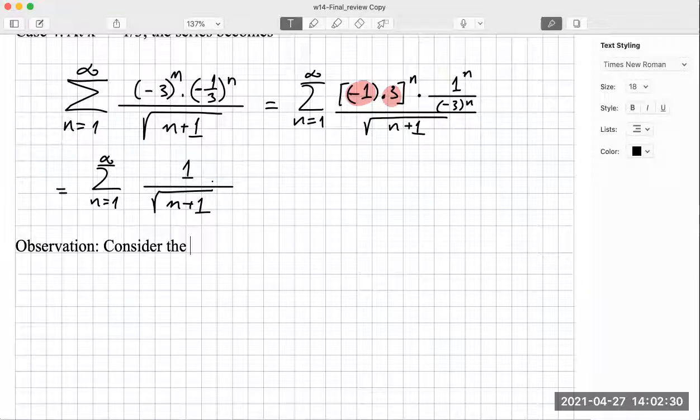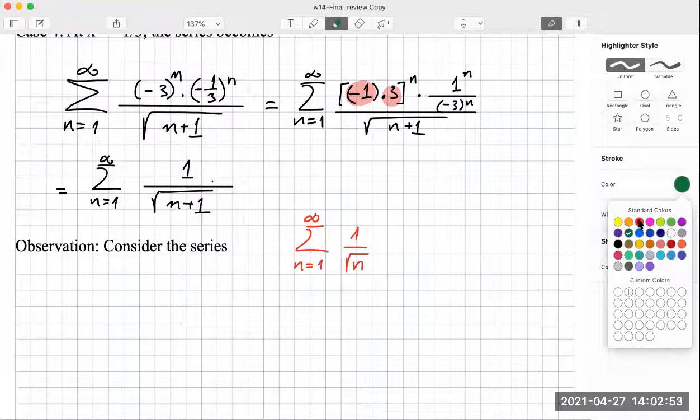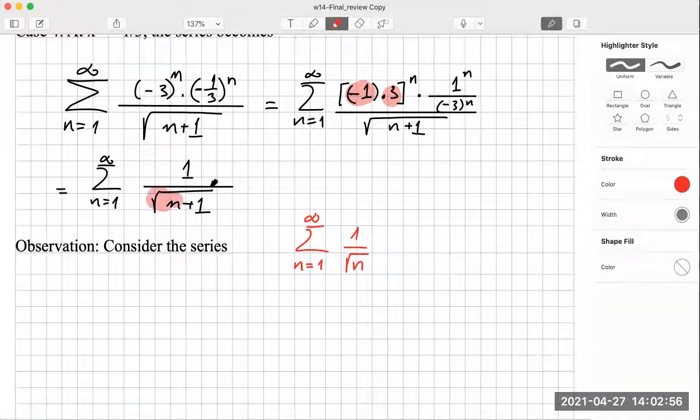Mm, close, but not 1 over n. One over square root of n. Why? Because the highest order of this guy is n to the 1/2, right? Or square root of n. So that is why we consider this series here.